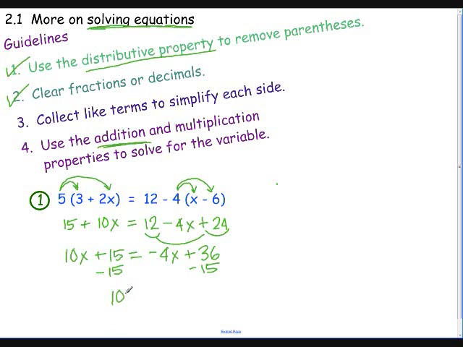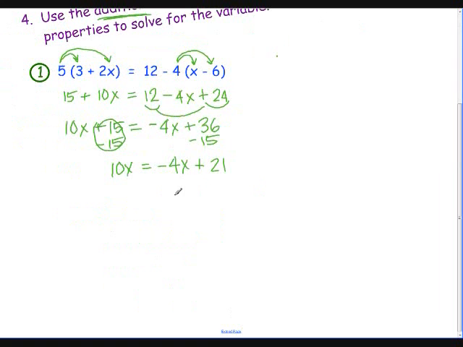So 10x equals negative 4x. Remember, when I have a positive of something and a negative of something, when I combine them, I get 0. Negative 4x plus 21. I'm going to use this. Let me scroll this up a minute.